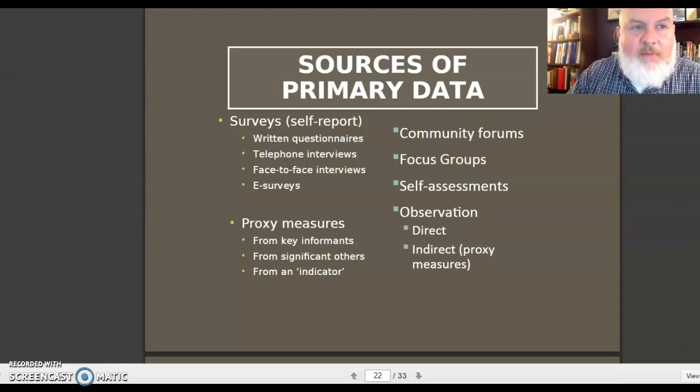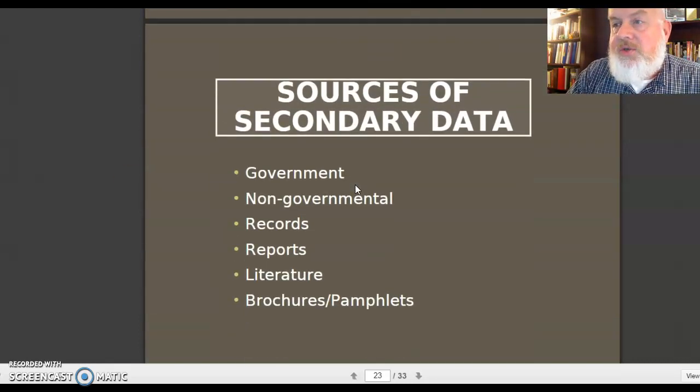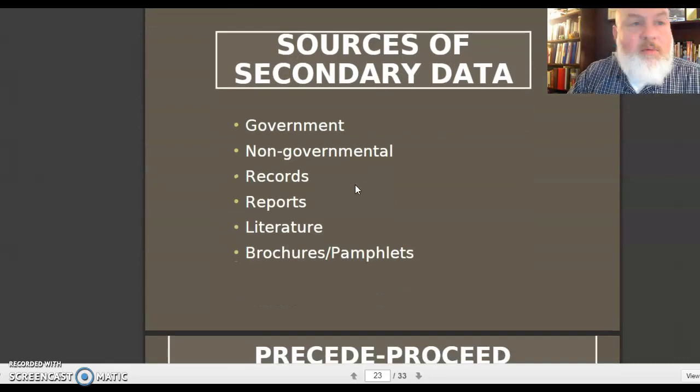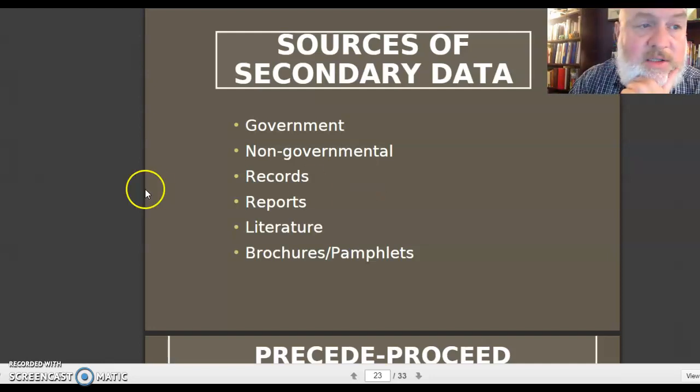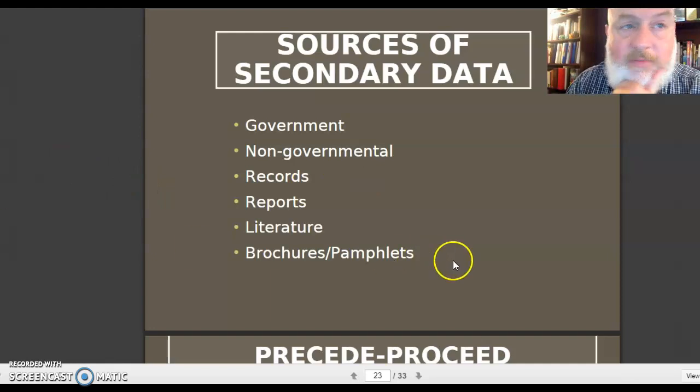Good kind of stuff there. And then, of course, you have your secondary data sources, and maybe you're going to get that information from a governmental agency or an NGO. Maybe there's some records or reports, or even just through your literature search, maybe sometimes even brochures and pamphlets. These are nice ways to kind of acquire that information.